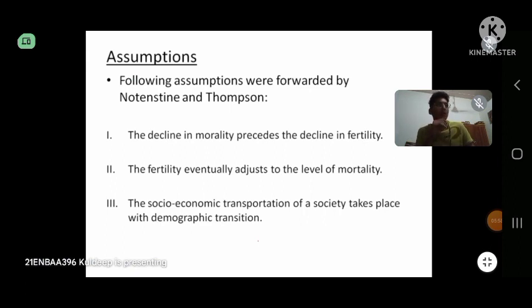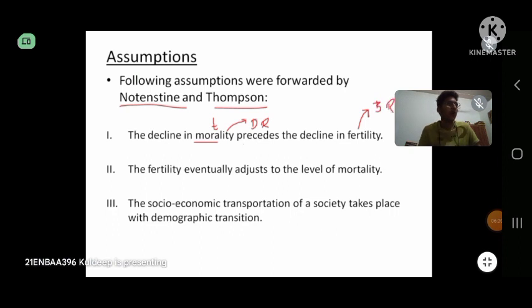Three assumptions were taken by Notestein and Thompson. The first is that decline in mortality precedes the decline in fertility. Mortality is the death rate, and fertility is the birth rate.